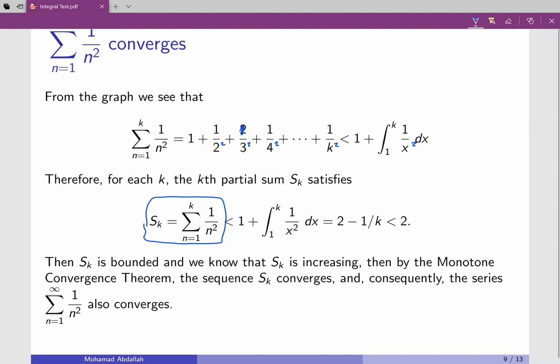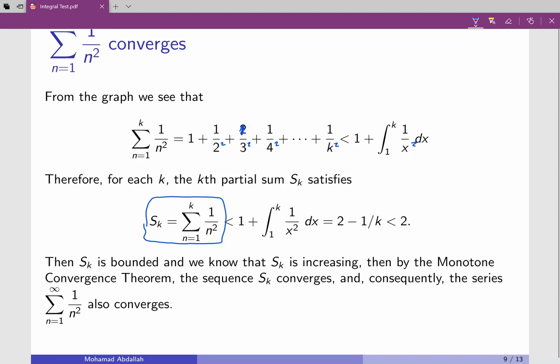Now we know that this is less than 2, and actually you can see now that sk is less than 2, so sk is bounded, and we know that sk is increasing. The reason sk is increasing is that sk plus 1 is sk plus 1 over k plus 1 squared.